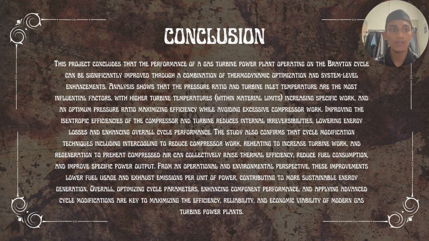From an operational and environmental perspective, these improvements lower fuel usage and exhaust emissions per unit of power, contributing to more sustainable energy generation. Overall, optimizing cycle parameters, enhancing component performance, and applying advanced cycle modifications are key to maximizing the efficiency, reliability, and economic viability of modern gas turbine power plants.